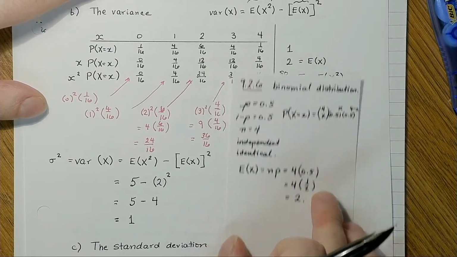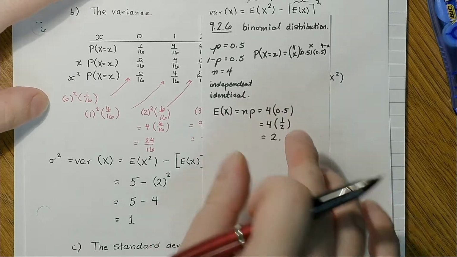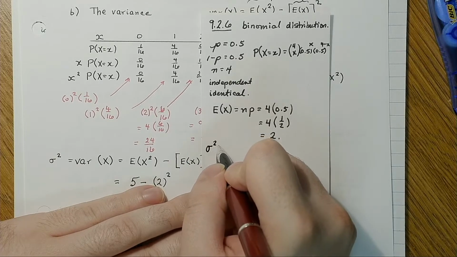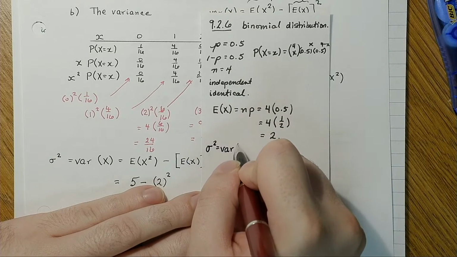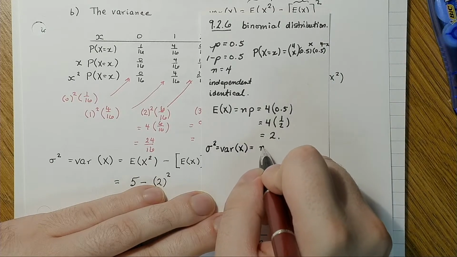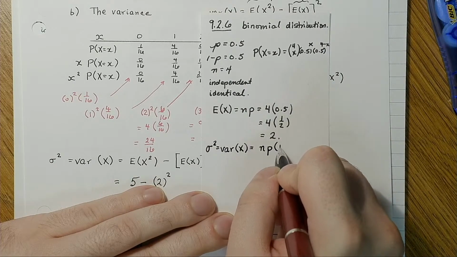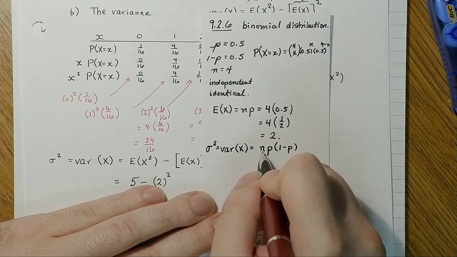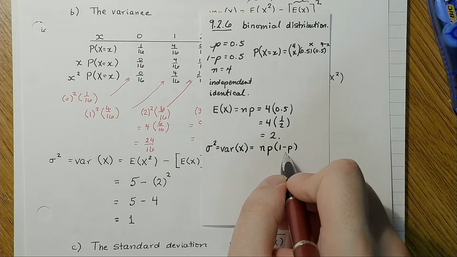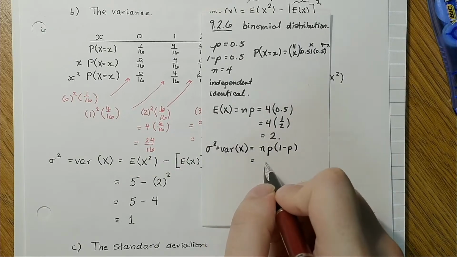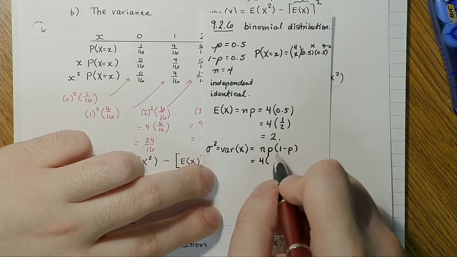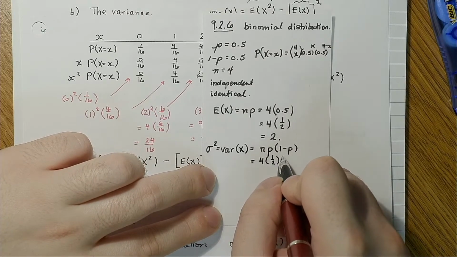So if I write this down here, here's the variance. I said it was n times p times 1 minus p, so the trials times the success times the probability of failure. So that is 4 times a half, times a half.